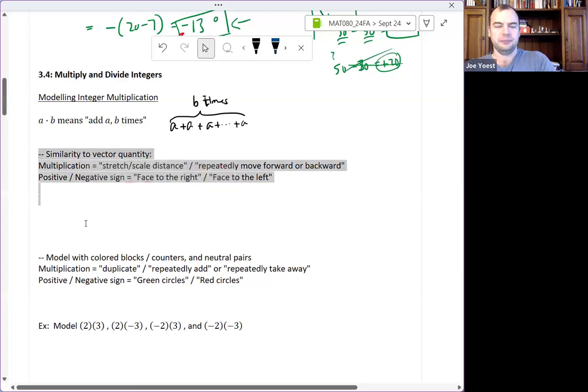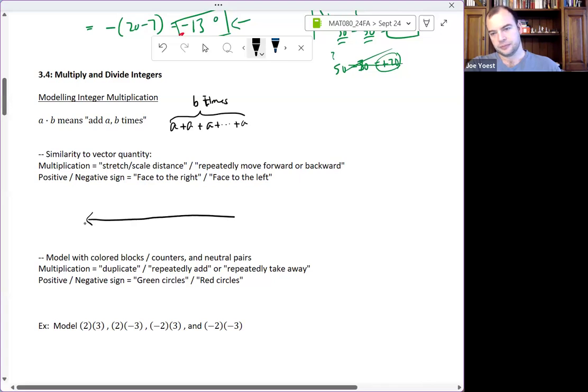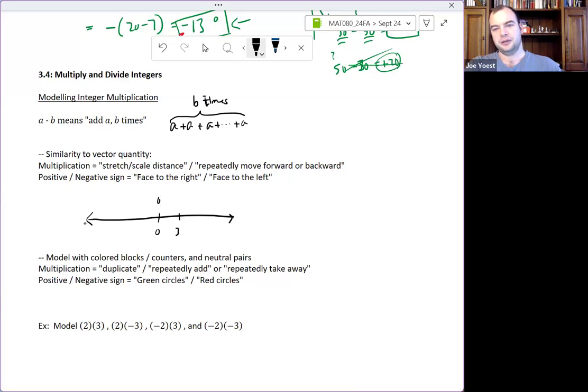So we can model this in terms of our vector quantity idea. If I'm doing, say, 3 times 4, I could think of adding 3, or going to the right 3. 1, 2, 3.